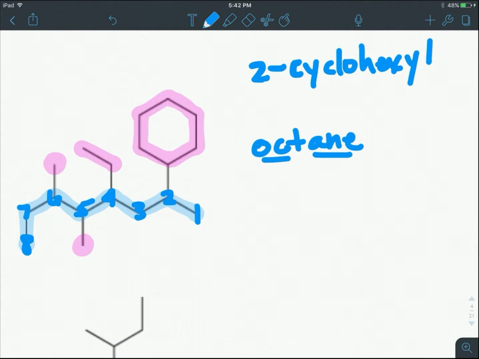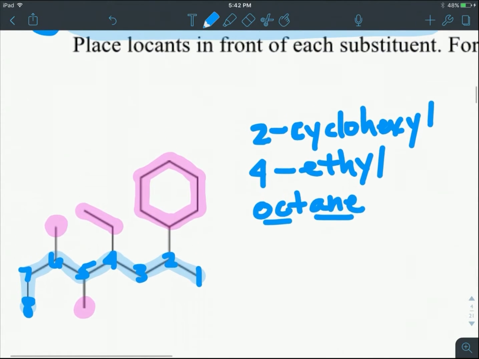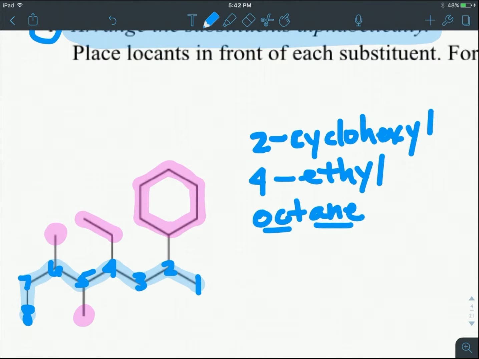On carbon 4, I have an ethyl. On carbons 5 and carbon 6, I have 2 methyls, so I need to say dimethyl.